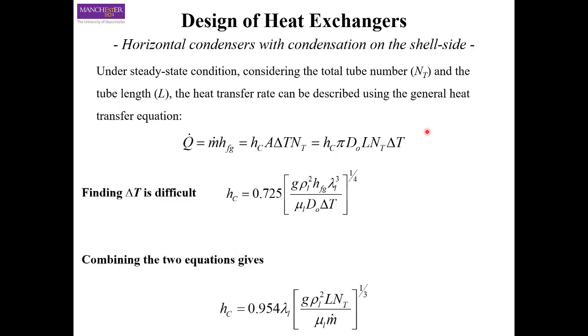We calculate delta T from this equation and then replace the value of delta T here. So we can write this Hc in the form that is given here. This is just simple mathematics that you can do yourself. So here now, Hc, the heat transfer coefficient of condensation, is a function of the properties of the liquid film and the mass flow rate of the gas, and the dimensions and the number of tubes.